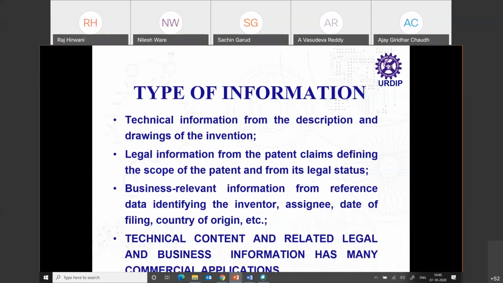You also get business information: who is the assignee, that is, who is the owner, where it is filed, and so on. This technical content and related legal and business information has many commercial applications as far as technology is concerned.